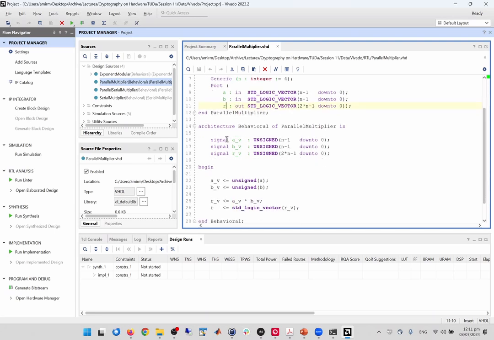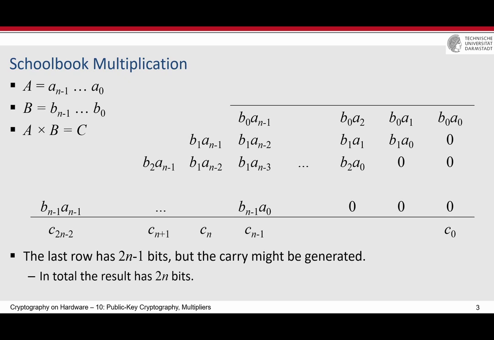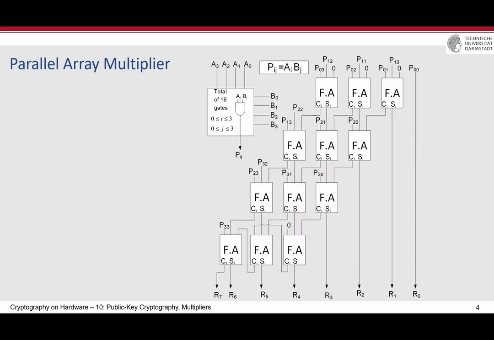You define the signals as unsigned values. You say the unsigned value of A, the unsigned value of B, and easily multiply. At the end, you convert it to a standard logic vector. That's all. Easy.